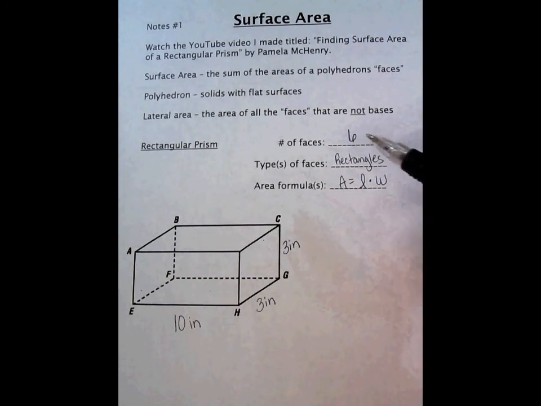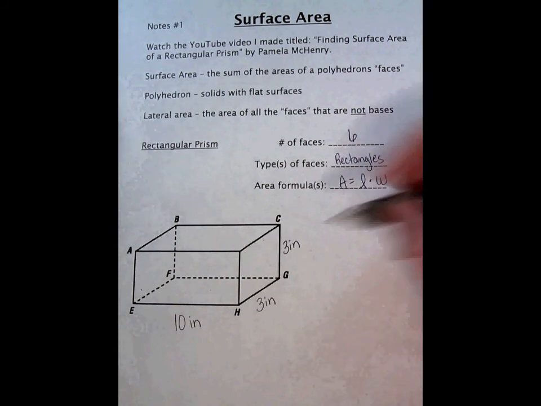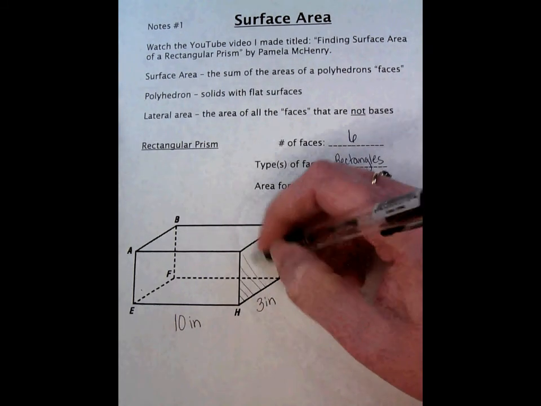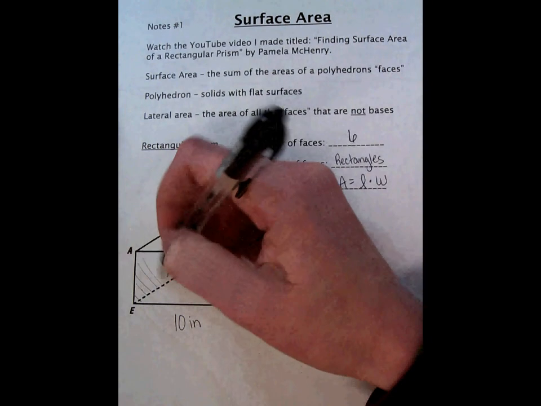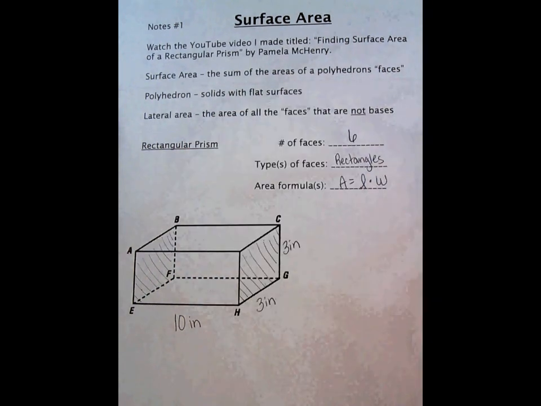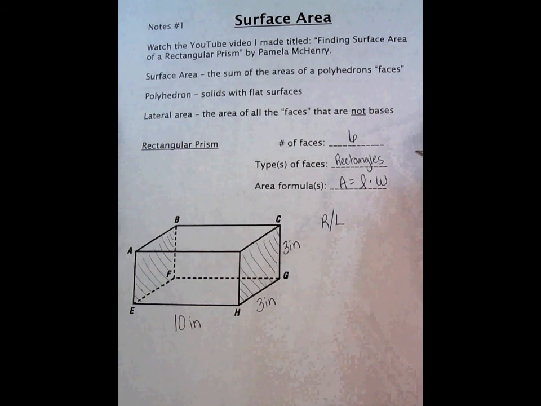So now what we need to do is identify the faces and make sure we find the area of each of the 6 faces. The cool thing about this is this right-hand side here is the same as the left-hand side. So we have a right and a left, and if we find the area of one, we'll find the area of the other.